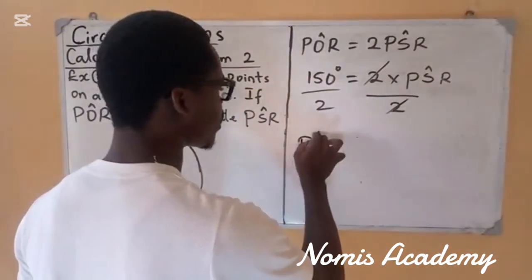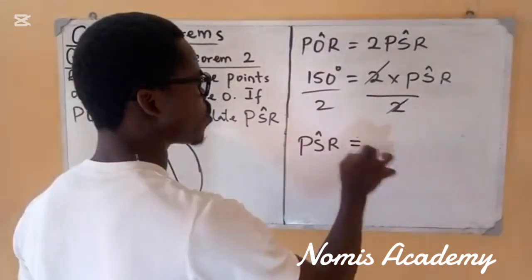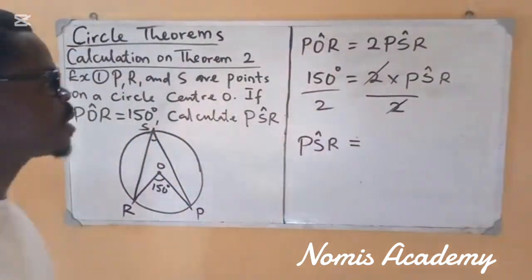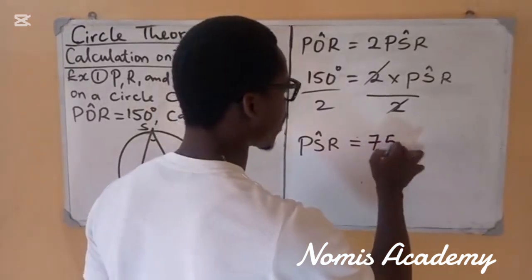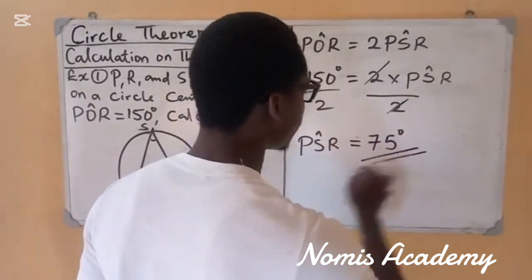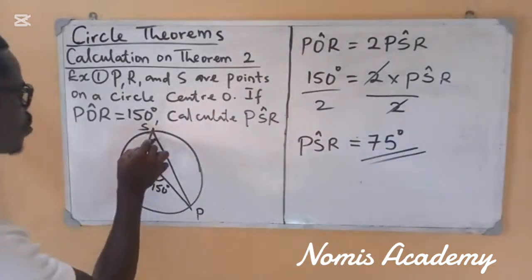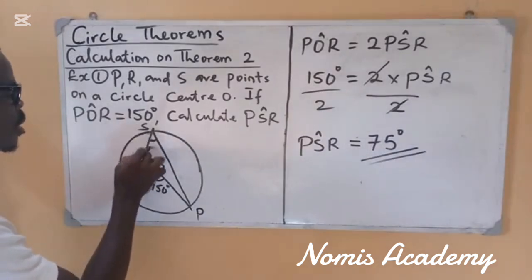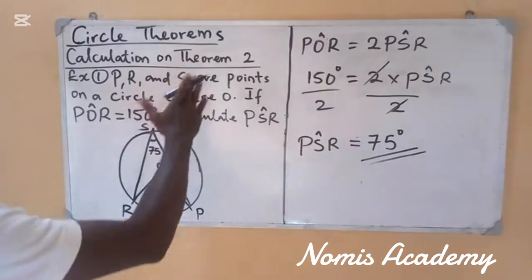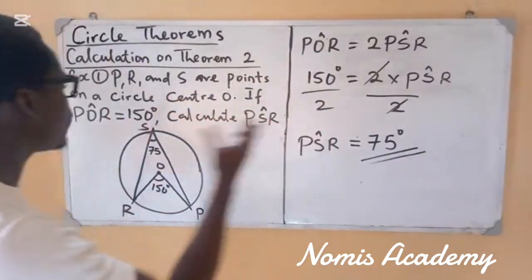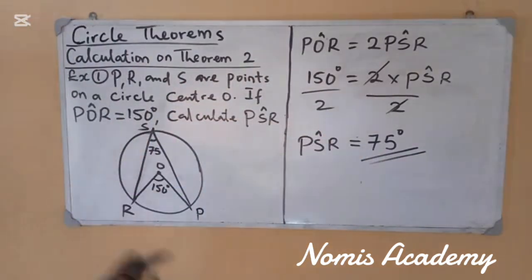So PSR is equal to 150 divided by 2, which is 75 degrees. So the angle formed at this point is 75 degrees. So you can see that the idea of Theorem 2 has enabled us to solve the problem with ease.